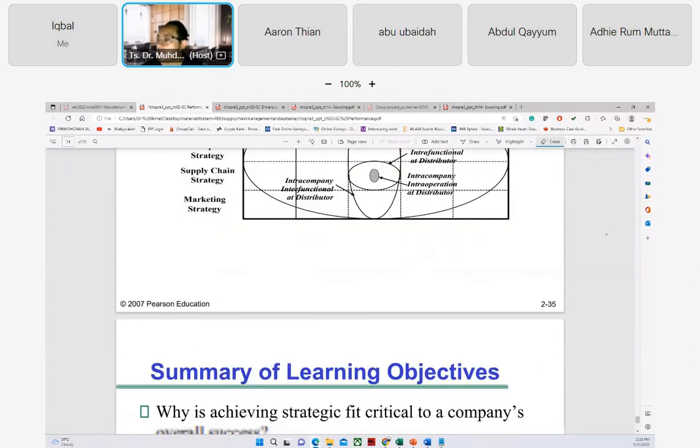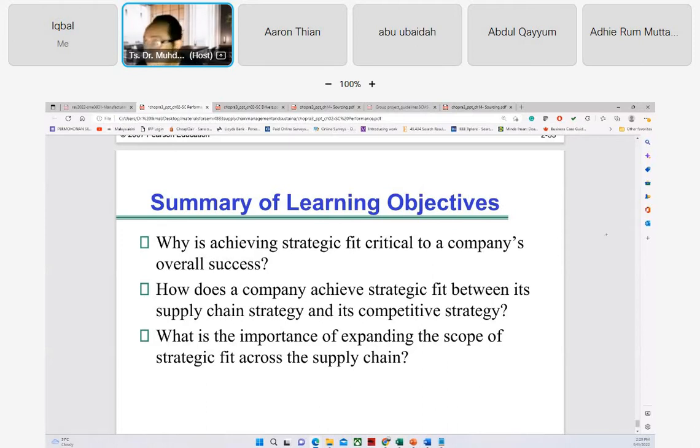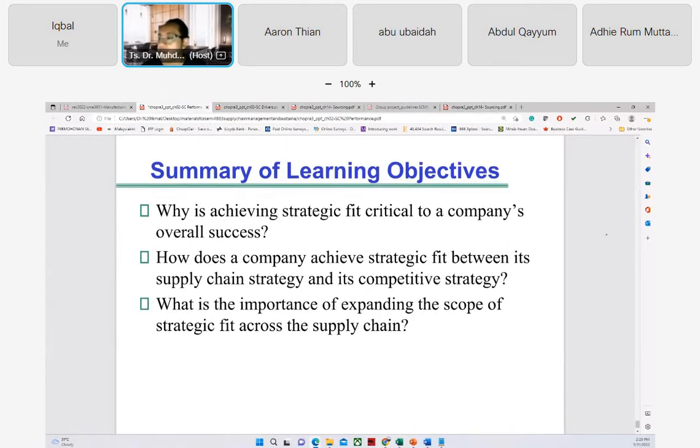So then the summary of learning objective. This is the most important thing. Why is achieving strategic fit critical to company overall success? This is a favorite question. Sometimes this question is asked in a test. So why is this important, and how does the company achieve a strategic fit between its supply chain strategy and its competitive strategy, and what is the importance of expanding the scope of strategic fit across the supply chain?